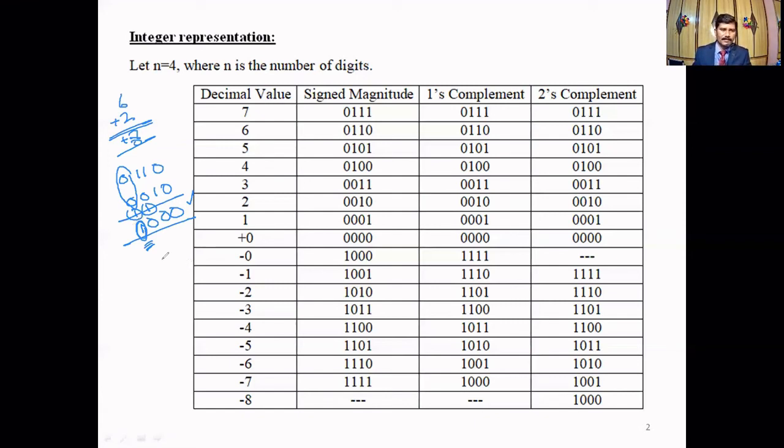Okay. So the conclusion here is when two positive numbers are added, the result should be positive. If you get negative, that is overflow.